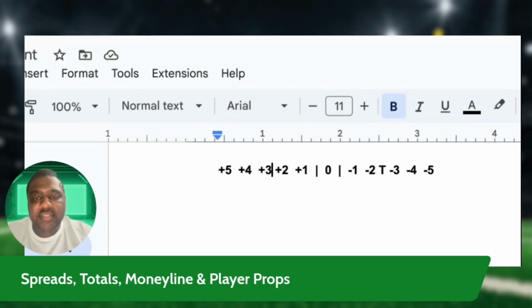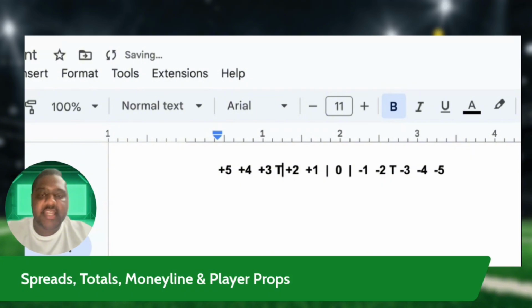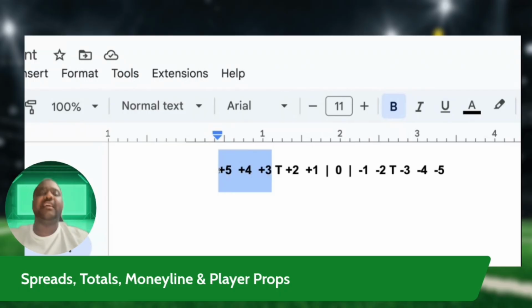We see plus 2 and plus 3. This is where the line is set at. We're going to put a T there, right? So let's say the Chargers lose by 2 or 1. That means they win that bet. Now, if the Chargers lose by 3, 4, 5, that means they lose that bet. So let's just say anything to the right is a winner, anything to the left is a loser.